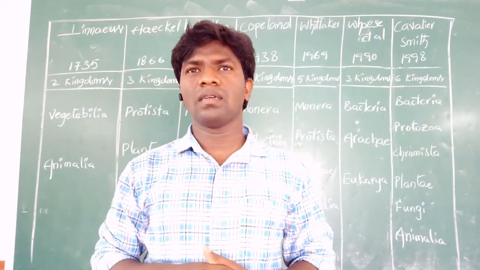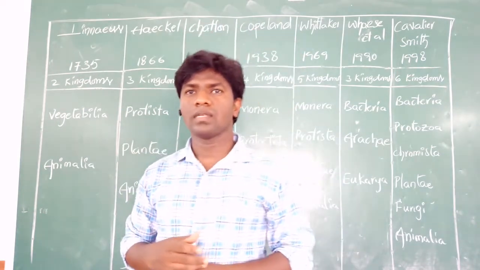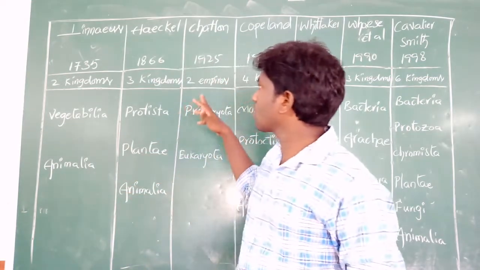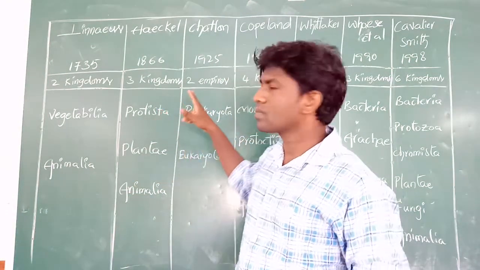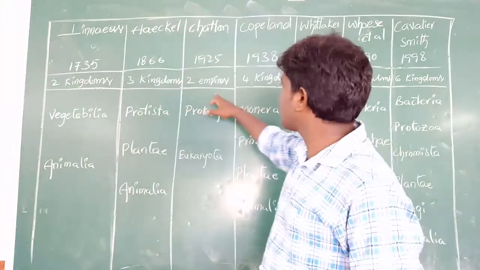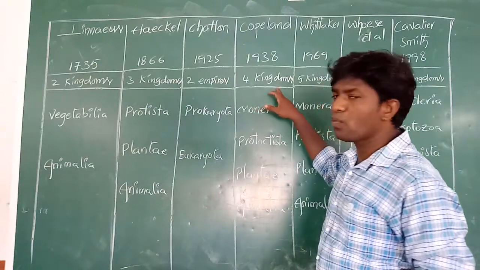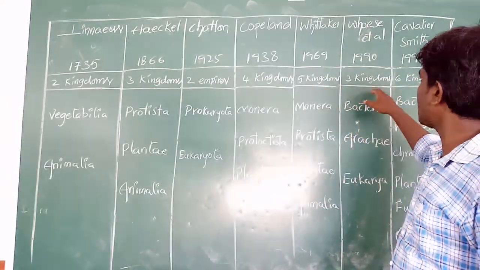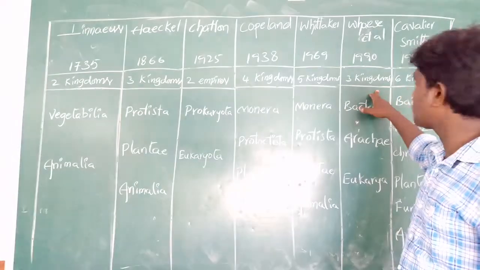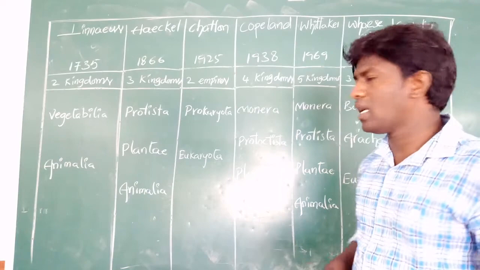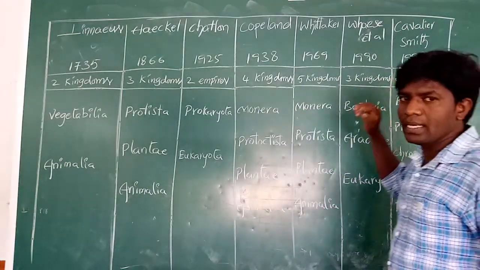Some scientists classified 2 kingdoms. Linnaeus classified 2 kingdoms, and Haeckel classified 3 kingdoms. Chatton classified 2 empires, and Copeland classified 4 kingdoms, and Whittaker classified 5 kingdoms, and Woese et al. classified 3 kingdoms, and Cavalier-Smith classified 6 kingdoms in the year 1998.